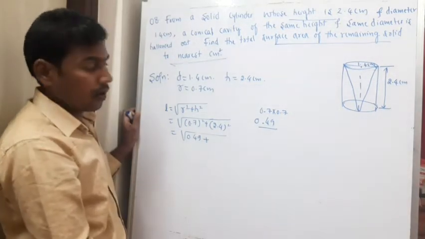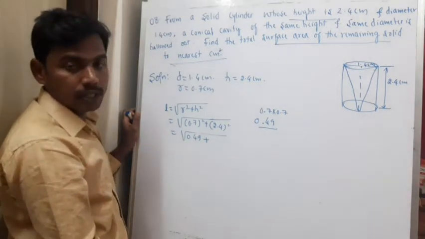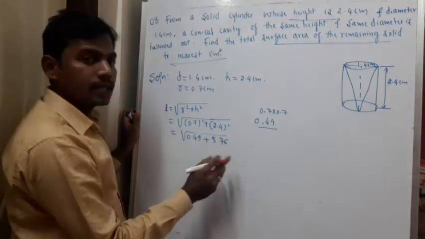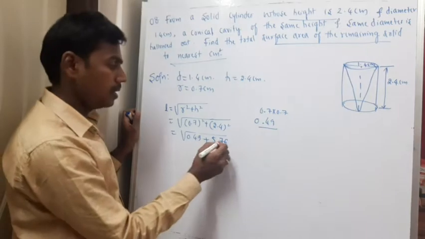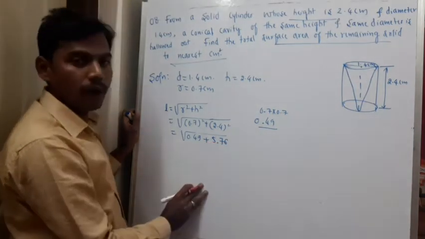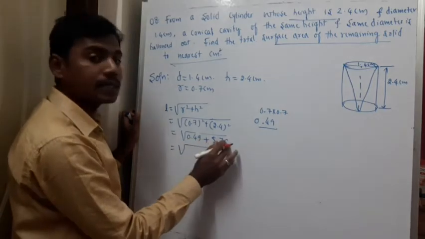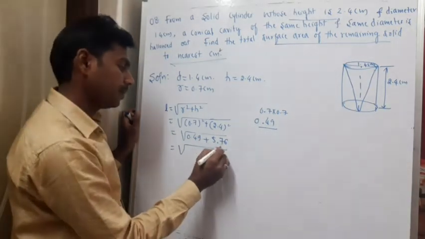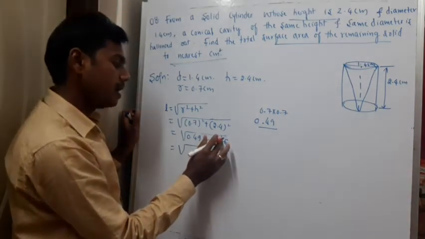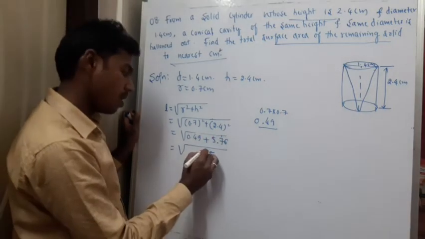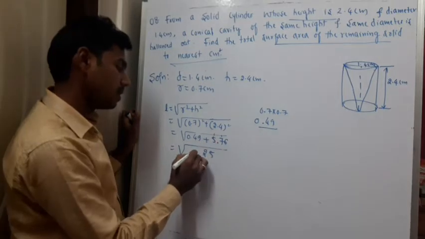2.4 whole square means 24 square is 576. Decimal after 2 digits, so 5.76. If we add this, 9 plus 6, 15, carry 1, 7 plus 8, 7 plus 1, 8, 8 plus 4, 12, carry 1, 5 plus 1, 6.